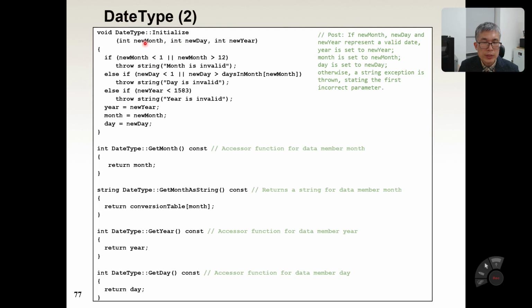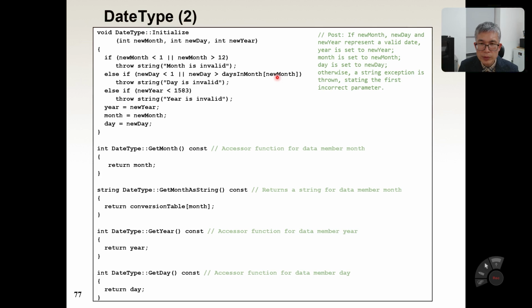Okay, the parameters are month, day, and year, the new values, right? And then check the range. Okay, the range: the month should be between 1 and 12. Less than 1 or greater than 12 is a problem, invalid. The date also, okay, less than 1, also for the month and the day.